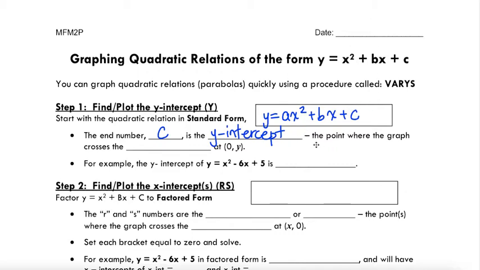Remember that the y-intercept is the point where the graph crosses the y-axis, and it has a coordinate of 0, y, where y is the number where it intersects. For example, in the equation y equals x squared minus 6x plus 5, the y-intercept would be a positive 5. We would say it has a y-intercept at the coordinate 0, 5.